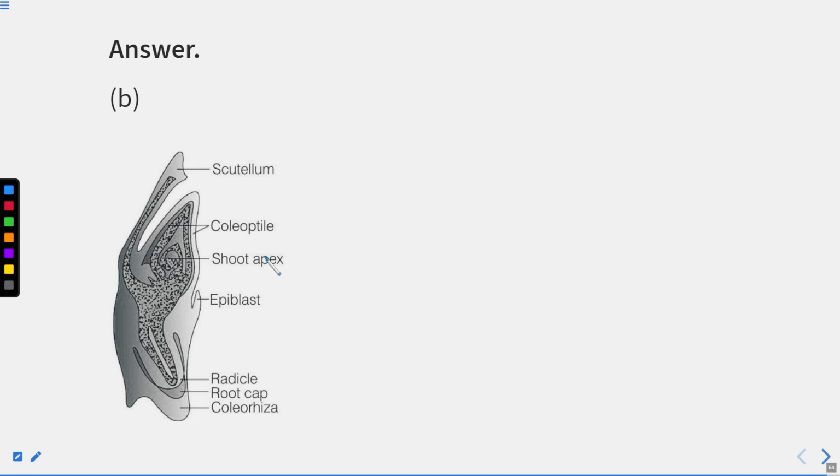Now this is the diagram showing you the LS, or longitudinal section, of a monocot seed. This is the monocot. Here you can see the radicle is present, which gives rise to root. Root cap is present. Here additional coleorhiza is present. Coleorhiza is a sheath that protects the root tip, or you can say a sheath that covers the root tip.